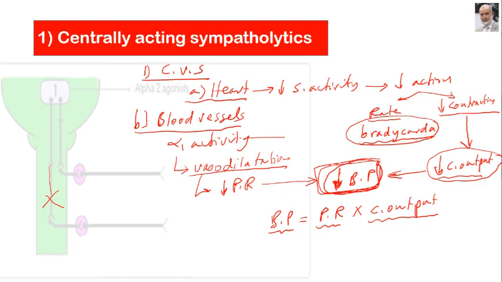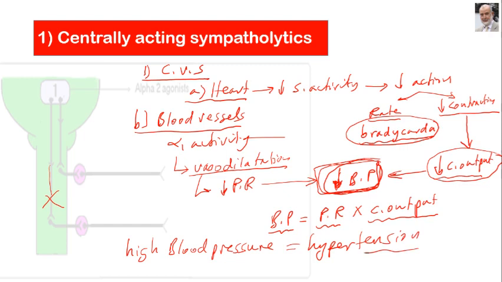So we expect that this group of drugs will be used in the treatment of high blood pressure, which is known as hypertension. Of course, they are used, but under very close medical supervision and for certain conditions, as we will see later. So this is the first action of these drugs.